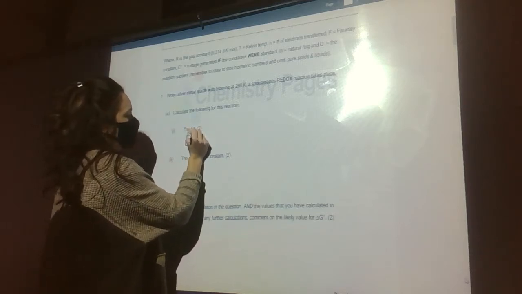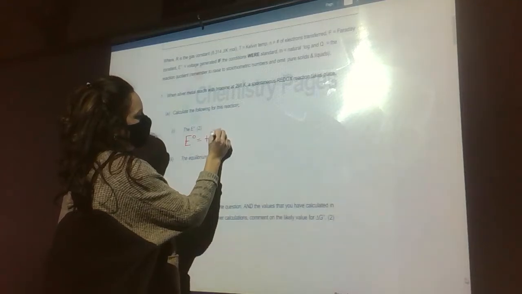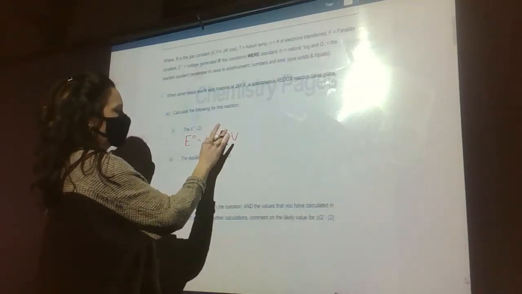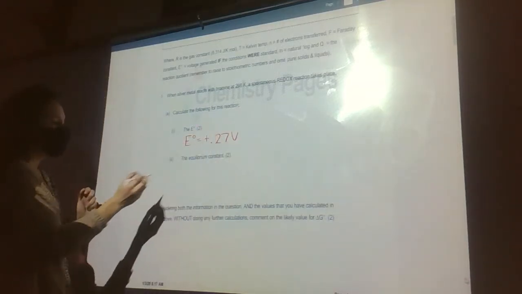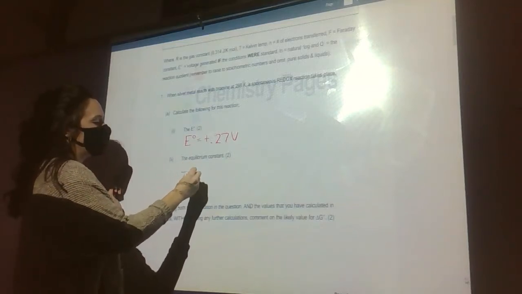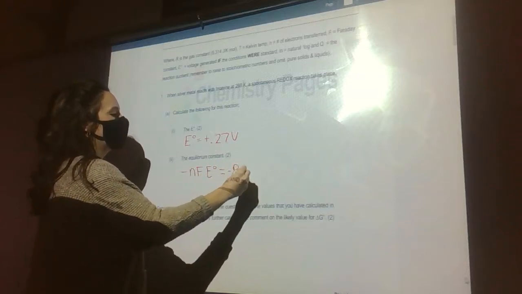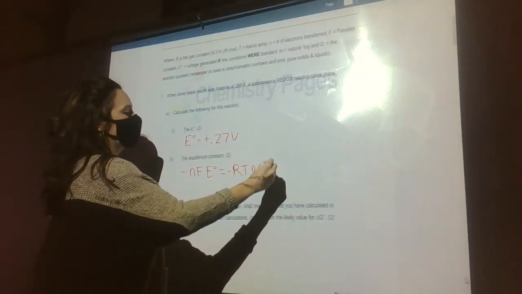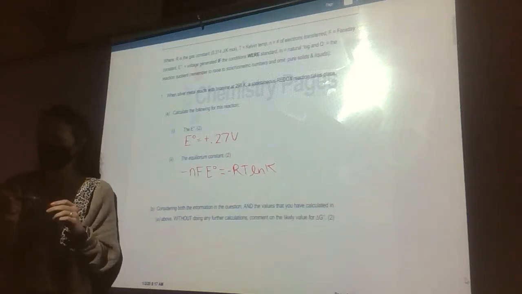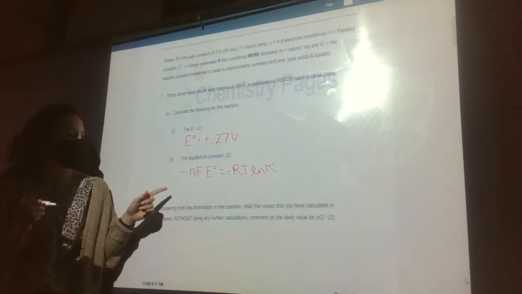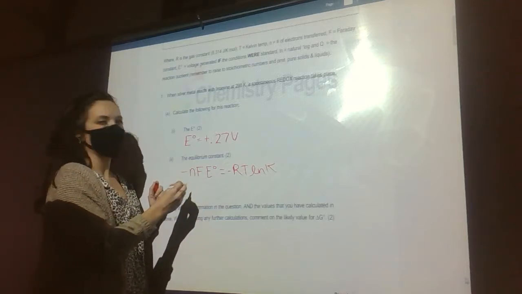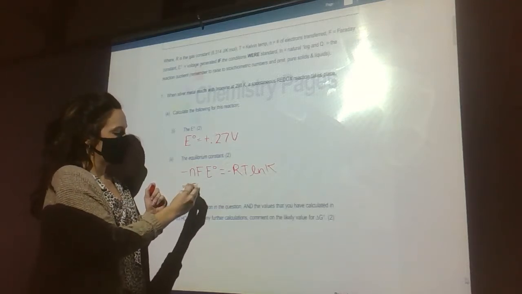Then it says find the equilibrium constant. So E naught, we just calculated, is positive 0.27 volts. The equilibrium constant, if you remember, negative nF E naught equals negative RT natural log of K. So n is 2 because the bromine has 2 electrons.